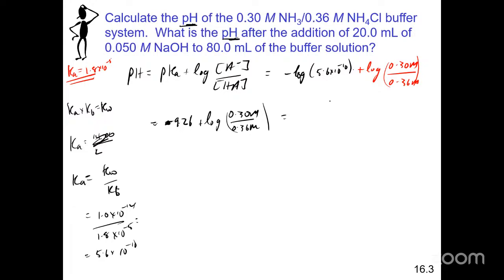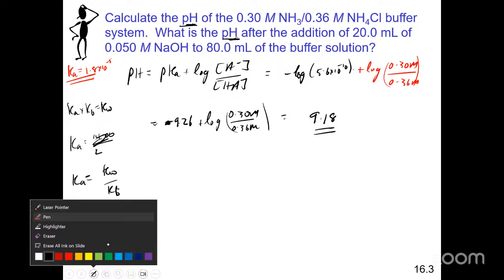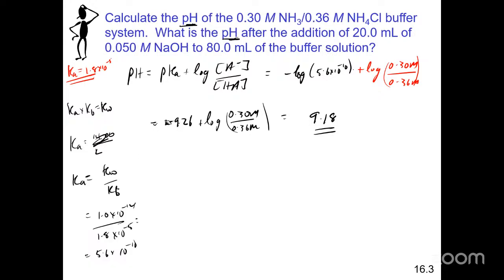So according to my calculations, I got 9.18. Let me just do a quick check through to make sure I'm doing everything correct. So I got 9.18. Let me erase this here. That should just be 9.26.